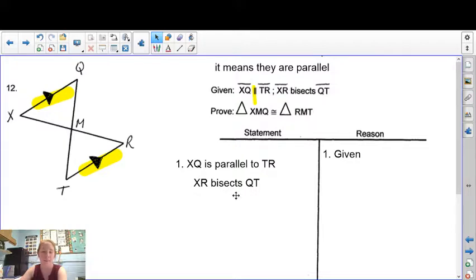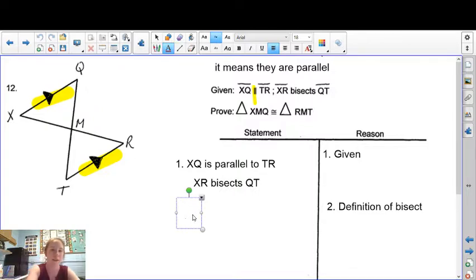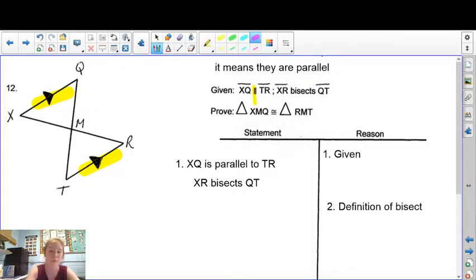I see that word bisects, so I know that I can use for step number 2, wherever my writing went, there it is, definition of bisect. Okay, well, let's see what's getting cut in half today. Right now, I have XR bisects QT. That actually gives us lots and lots of information.